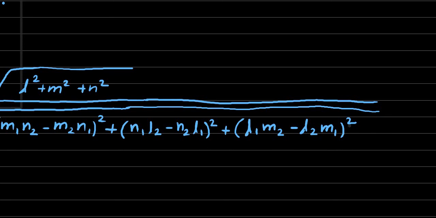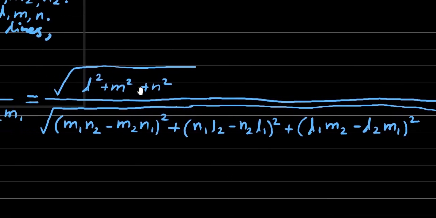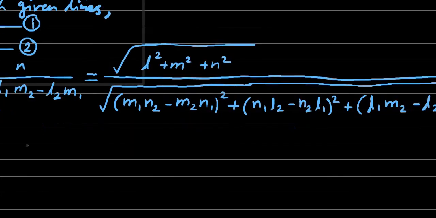As L, M, N are the actual direction cosines of the line, we have L square plus M square plus N square equal to 1. So the numerator is the square root of 1, which is 1.